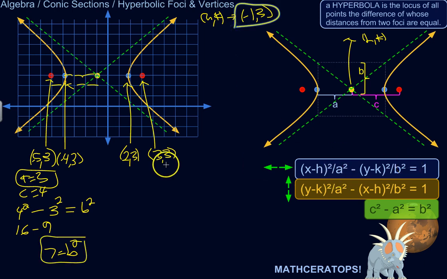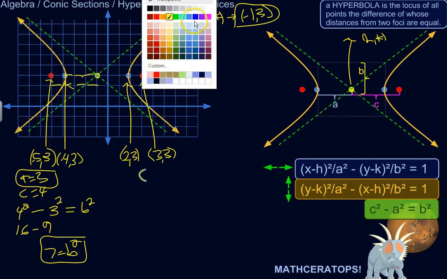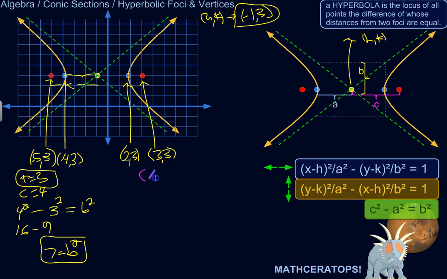And that's all we need. So let's write our equation. So our equation will be x minus the x coordinate, h, of the center. So x minus negative 1, which is x plus 1 squared, over a squared. a is 3, so a squared would be 9.